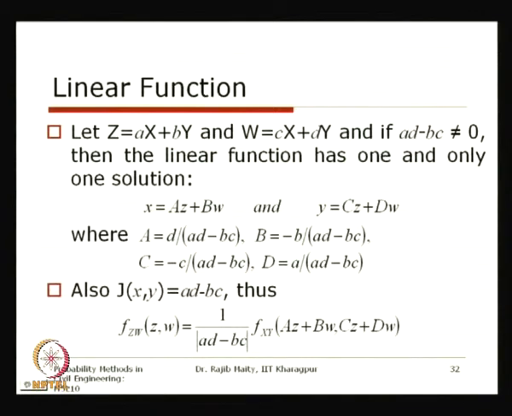Now we will take up some special cases of these two functions. The first one is linear functions only. Linear functions means we are just multiplying by some constants and adding them up.